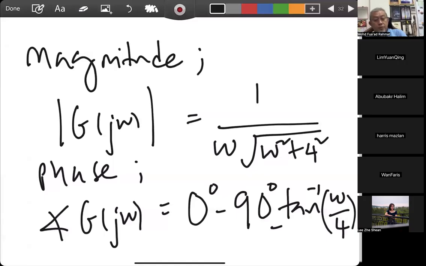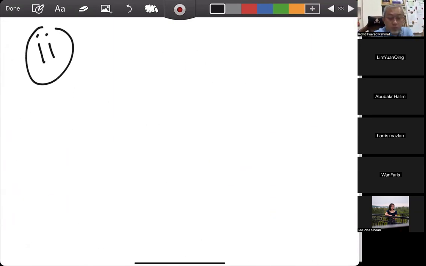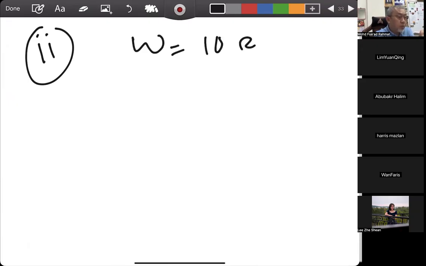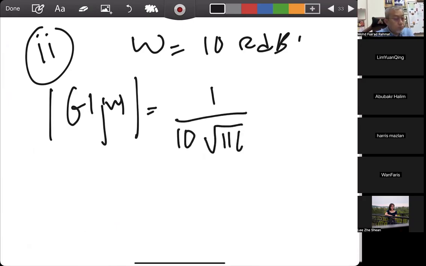Okay, so very straightforward. And then part 2 is, given omega 10 radian per second, the magnitude is 1 over 9.28.